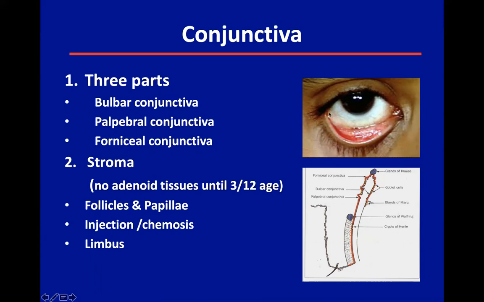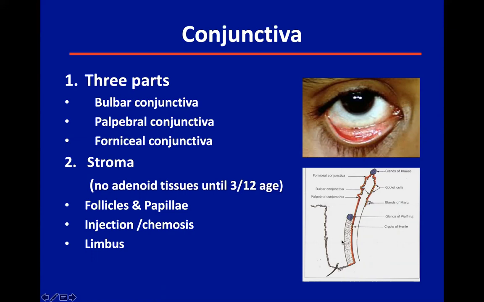So it's here, it's the ends. If you look at this nice photo, it really shows you: I talked about the bulbar, which is here in the middle. Then the palpebral, which would be right there. Remember, this is the lower lid. And then the fornices are the ones that are here.